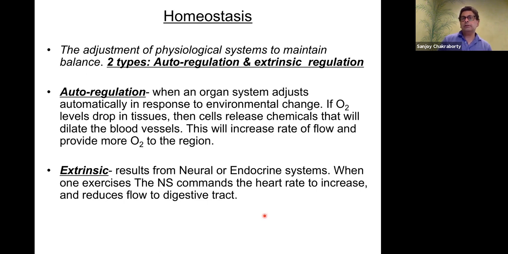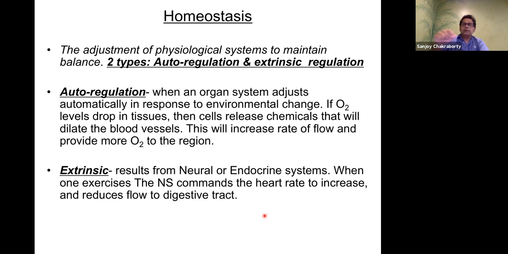When it is disturbed, the body wants to fix it. How does it fix it? There are two mechanisms. One is called autoregulation, which some books may call intrinsic regulation. The other one is extrinsic regulation. Now, what is this? Autoregulation is when that particular area of your body tries to fix it. I'll give another example. Let's say I'm writing notes while you're listening to this lecture in the video.